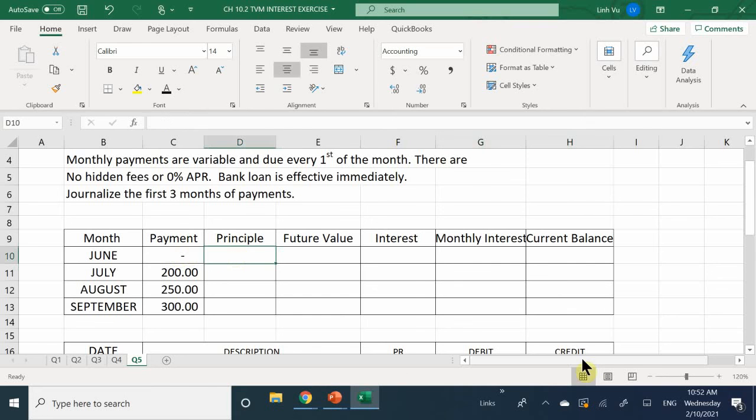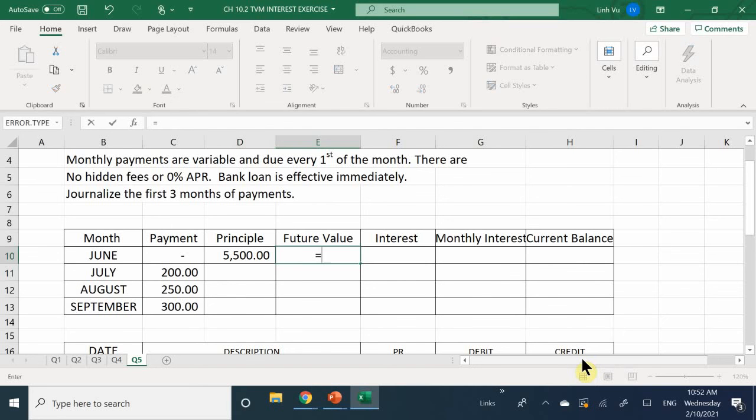So the principal here is going to be what your original investment was for. Now again, we need to calculate the future value on this. So what we know from here is that our original investment is $5,500, and the interest rate is 1 plus 0.0625, compounded every month, so divided by 12.